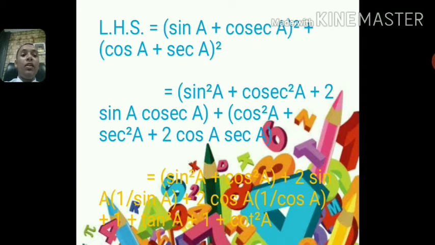After that, opening the brackets and making pairs through the trigonometric identities, the first pair will become sin square a plus cos square a. Then the second pair will come from here, cosec square a, and the third pair is sec square a.